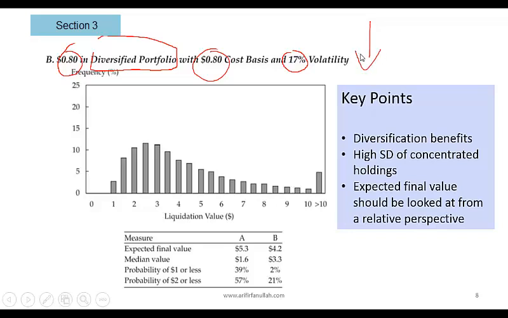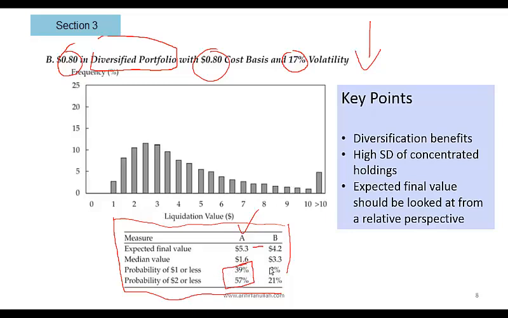It goes down, okay? And now you look at the variability of returns, the liquidation value. So when you look at this particular table, this tells you one very interesting thing, that while the expected final value of portfolio A versus B, if you only look at the expected value, you could form a decision that portfolio A is my choice, I'd go for it. But look at the probability of value destruction at the end of the day. Look at growth.